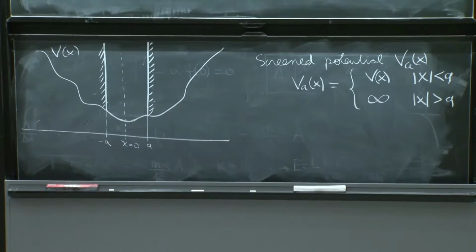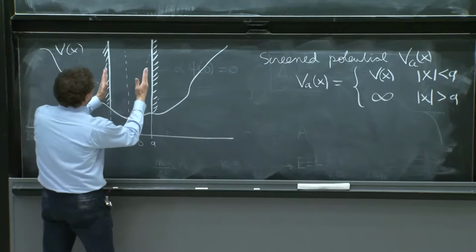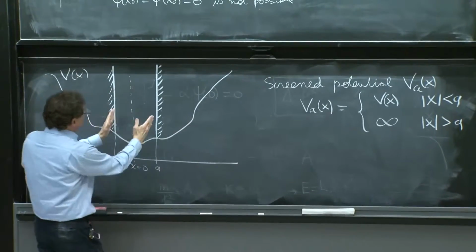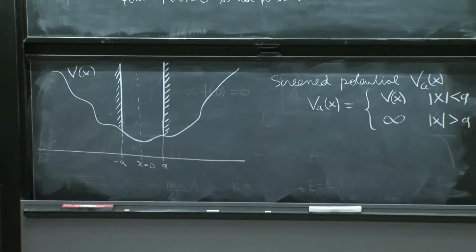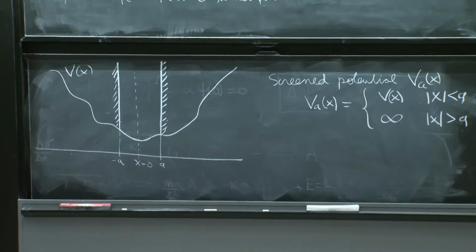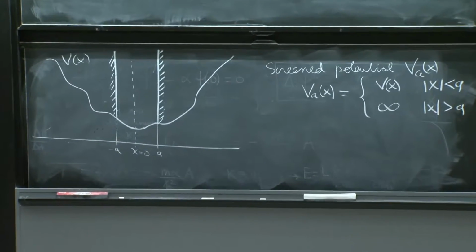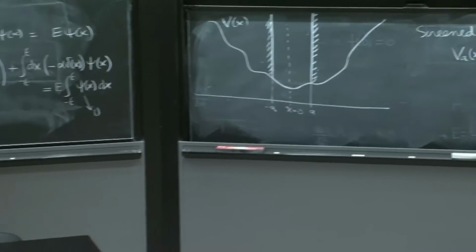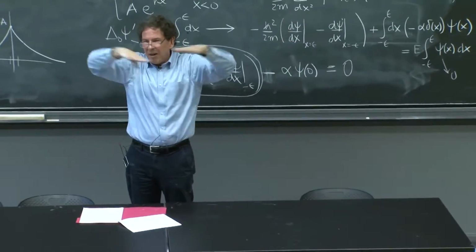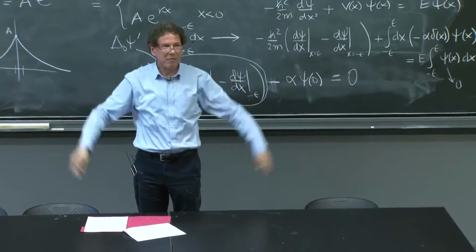And now we intuitively argue that as I take a to infinity, the bound states of the screened potentials become the bound states of your original potential. Because when the screen is very, very far away, up to infinity, you've got all your potential. And by the time you have bound states, they're decaying, so the screen is not going to do much at infinity.